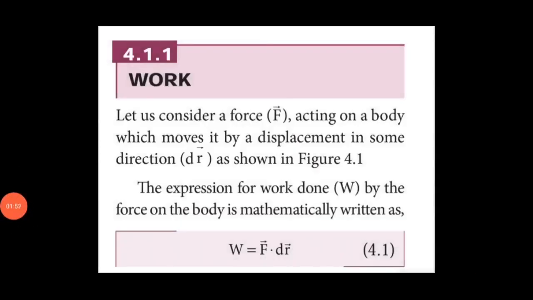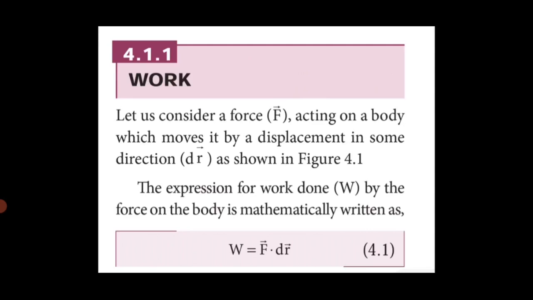So the work, let us consider a force F acting on a body which moves it by a displacement in some direction. In any direction it moves, right? So we take some direction, that is dr, and that is shown in figure 4.1.